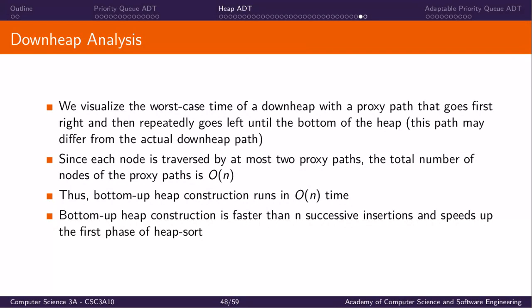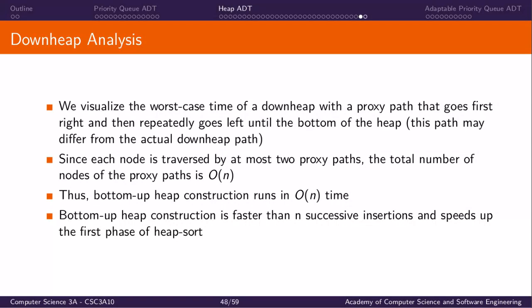And so our bottom-up heap construction runs in order n time, and that's better than the order n log n time that we had before. So a bottom-up heap construction is faster than n successive insertions, which would each take order log n time.